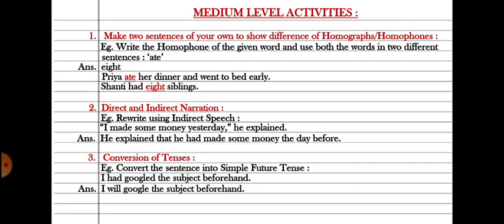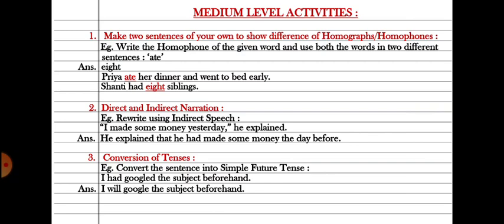B-E-A-R, bear as in the animal, and bear as in to endure. L-E-A-D, lead as in the metal, or lead as in start off in front. Homophones are words with the same pronunciation. They differ in meaning.